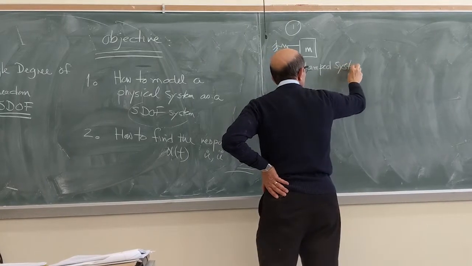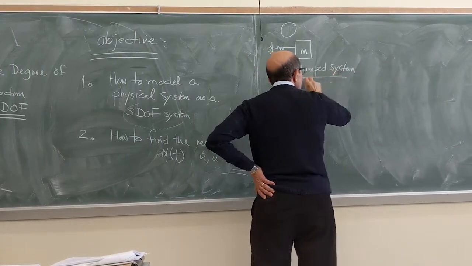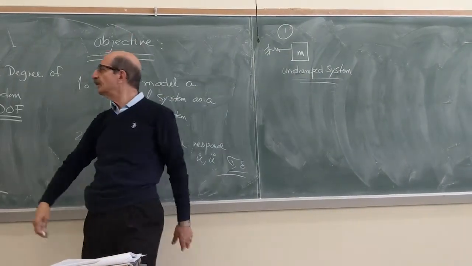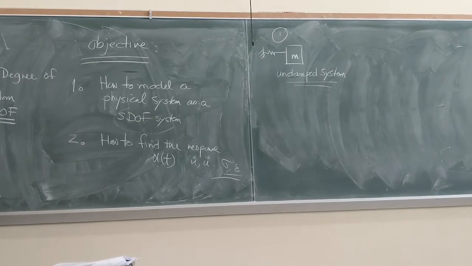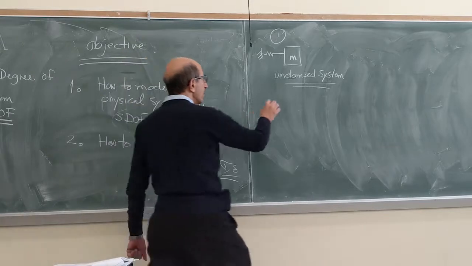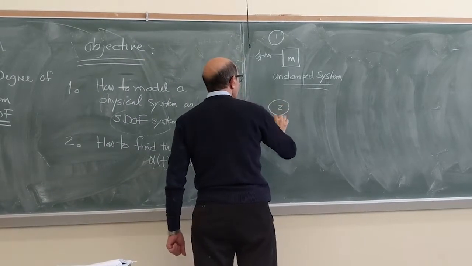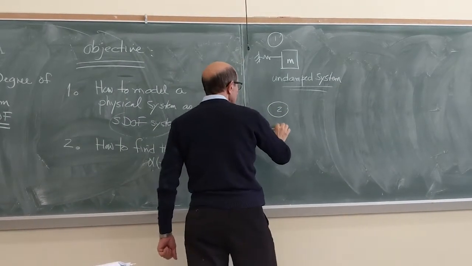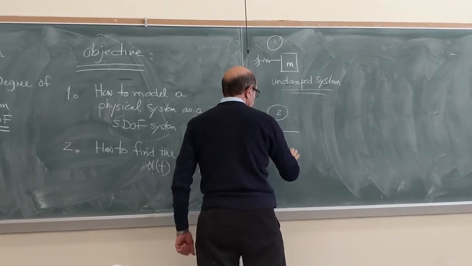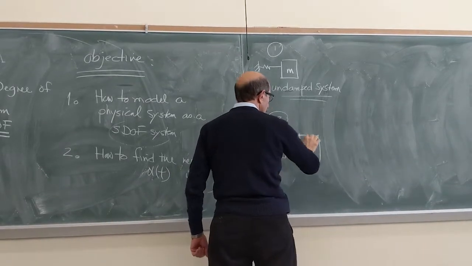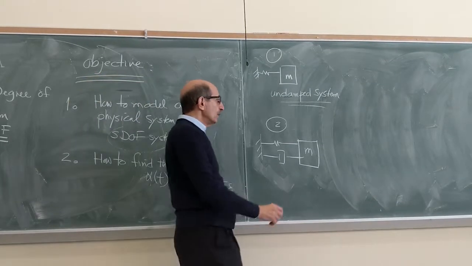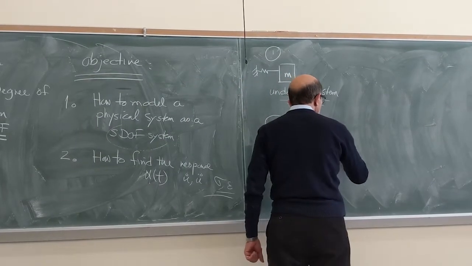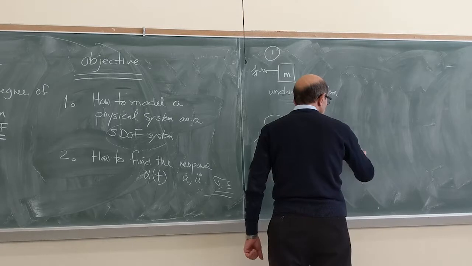In other words, in many cases, we can just assume that damping or that energy absorption is not important or doesn't exist or can be ignored. Or we cannot ignore that. So the system has mass, stiffness, and damping. We call this a damped system.